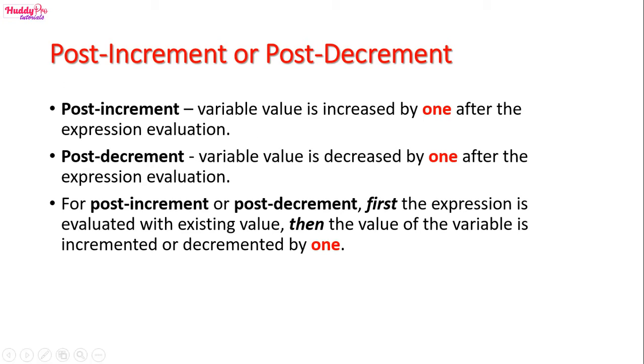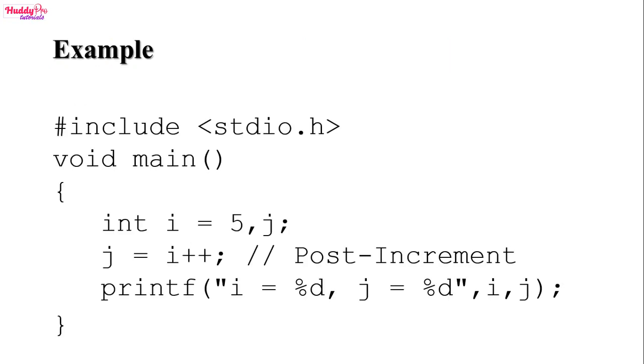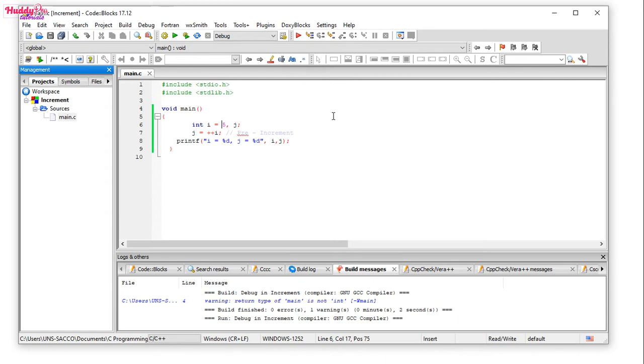Let's try to understand what this really means by using a code. So this is an example that we are going to type, and we see how it works. So let's go back to our Code::Blocks. Now this time around, we don't need to create a new project. We're going to just modify this existing one. We can leave the declaration statement as it is.